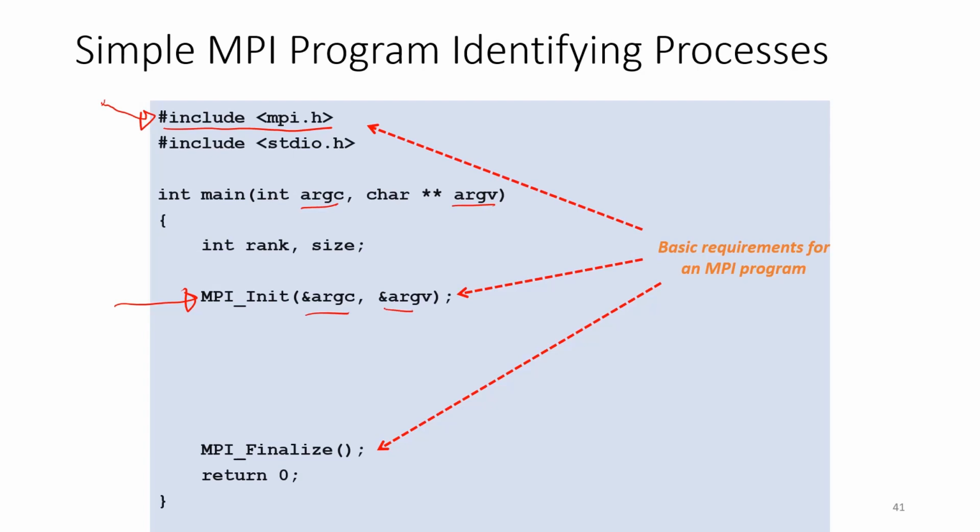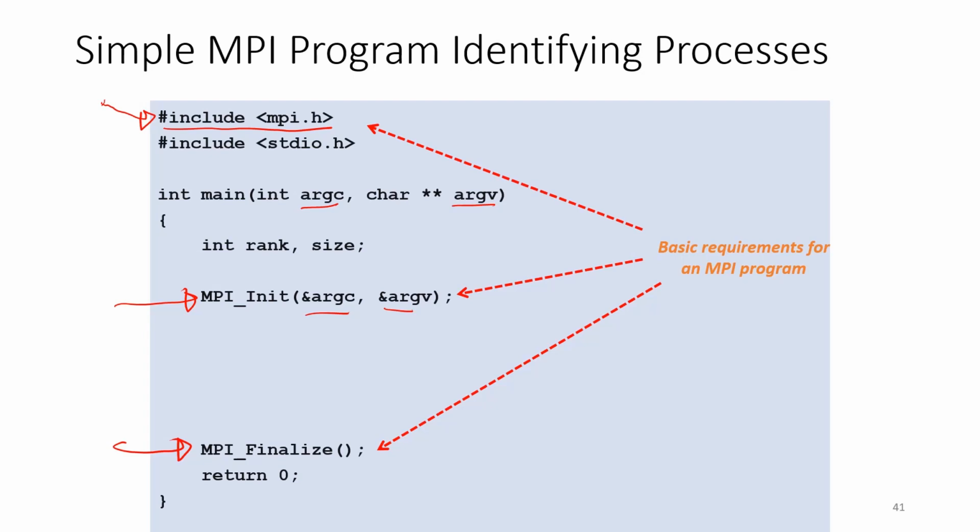And you also have to call MPI_Finalize at the end. These are the basic requirements. If you do nothing else, you won't see anything displayed on the screen. You won't feel that anything happened, but you have to trust that MPI has been initialized and then finalized.